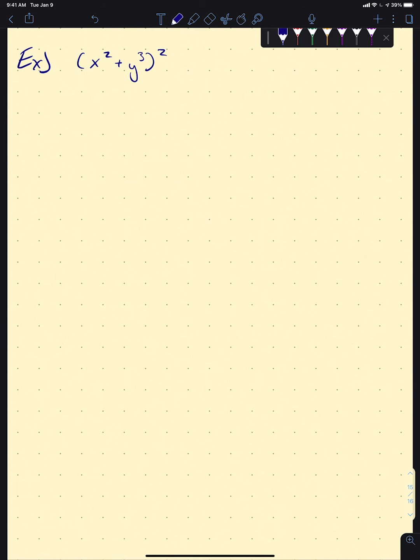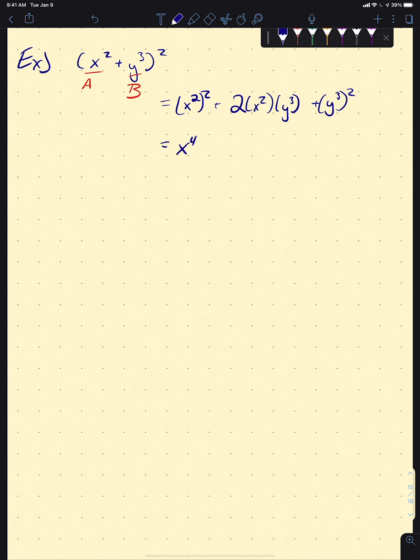We can call x squared A and y cubed B. So this is x squared squared plus 2 times x squared y cubed plus y cubed squared. And using the exponent laws that we just looked at, this is x to the 4th plus 2x squared y cubed plus y to the 6th, right? Because when we have an exponent to a power, we multiply.